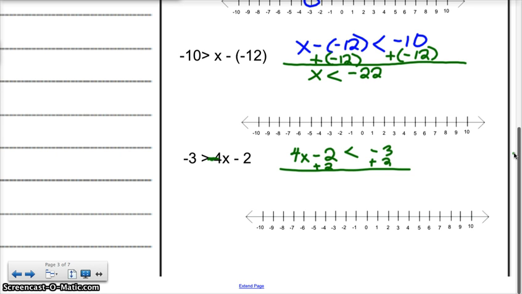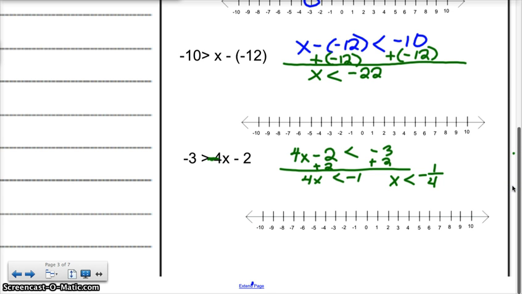I get 4x is less than a negative 1. Oh no, but it's okay. It's okay to have fractions. X is less than negative 1/4. Hey, we got this. It's not negative 4. A lot of kids like to put that. Remember to leave it as a fraction.